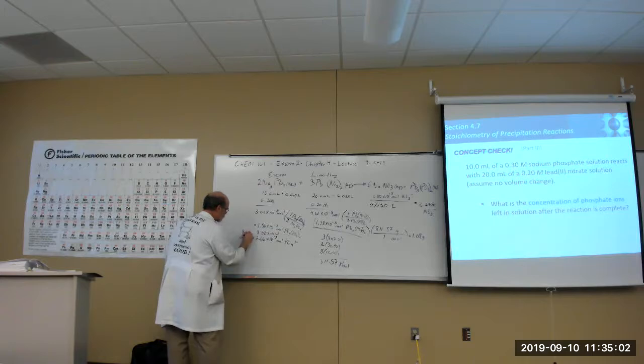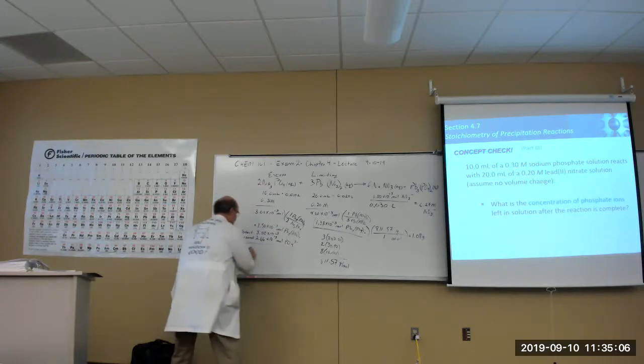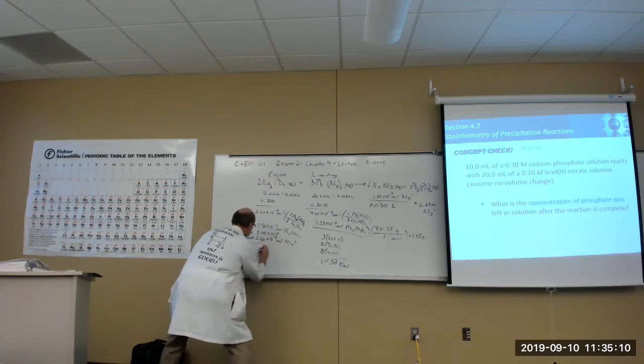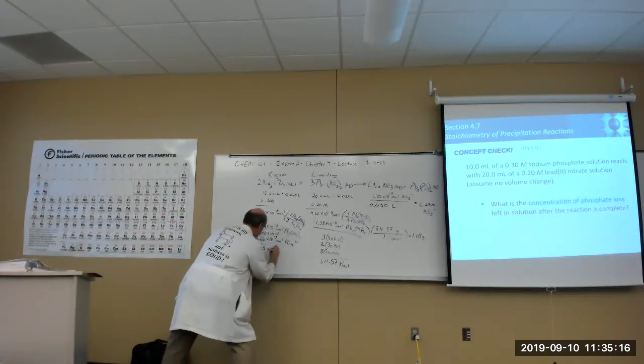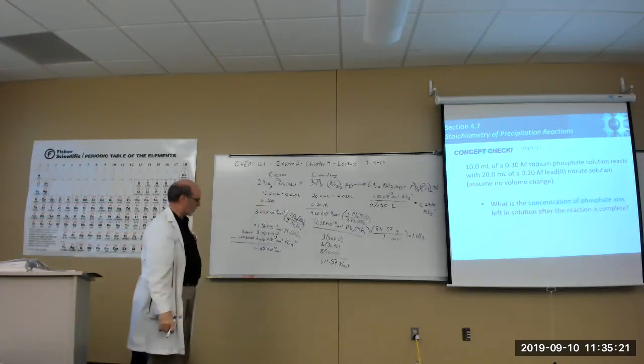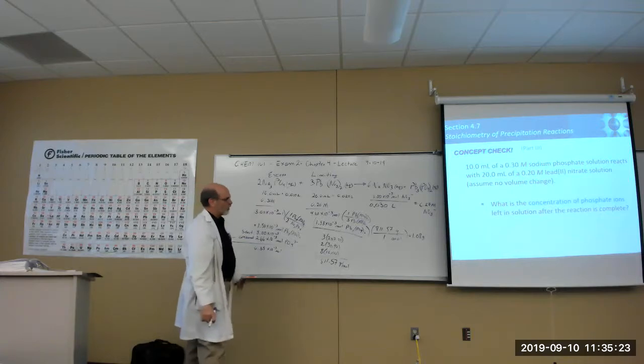Okay, we started with this amount. So we subtract what we used, and we ended up with, let's see, 0.33 times 10 to the minus 3 moles. I know that's not scientific, but it did work. So we have this many moles.